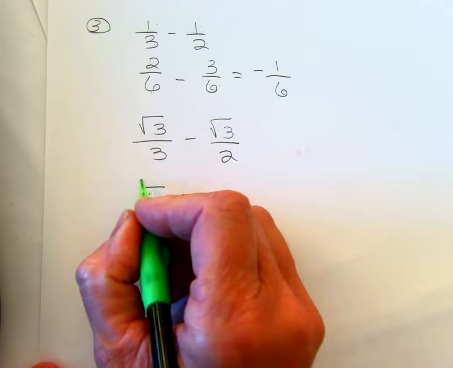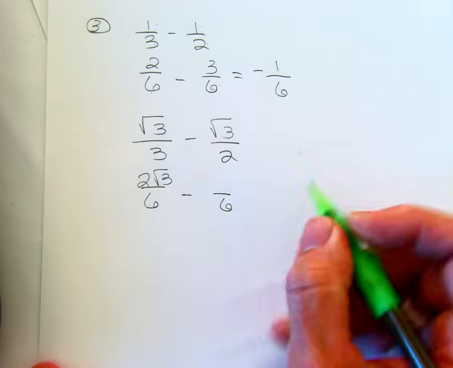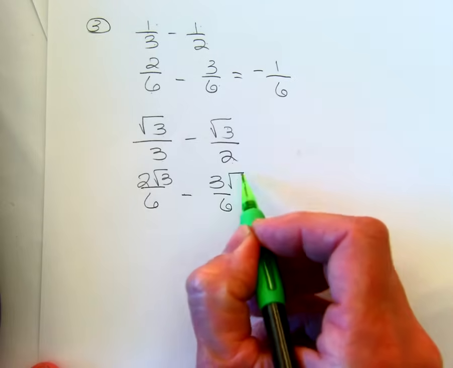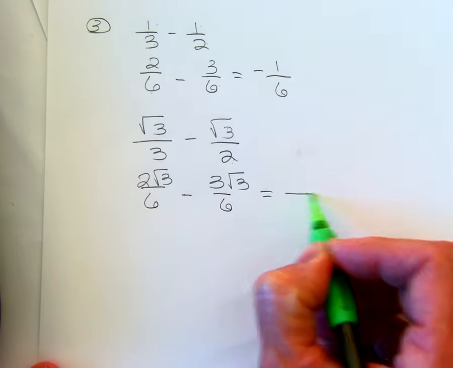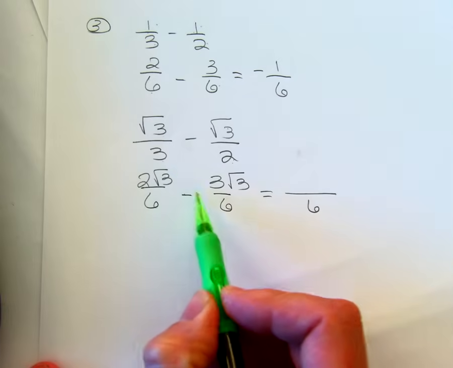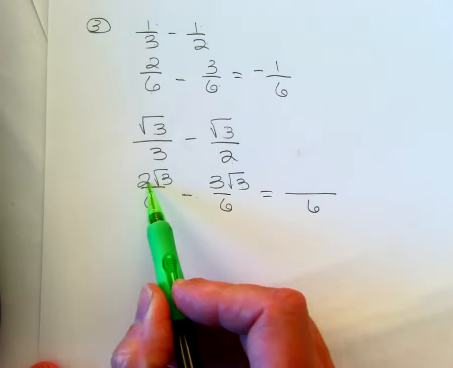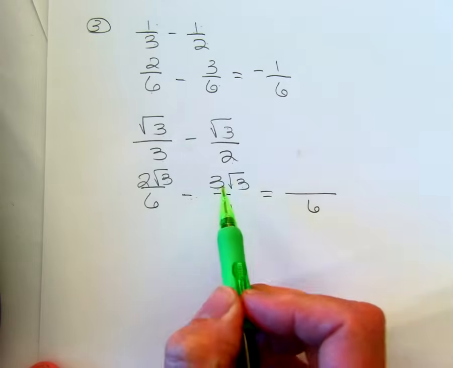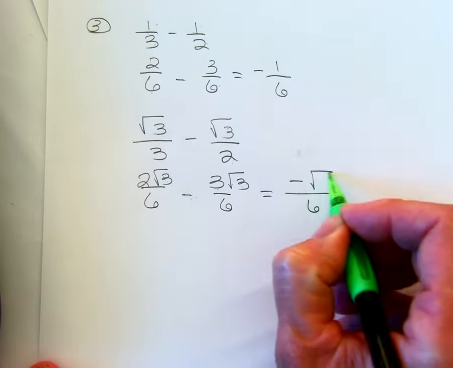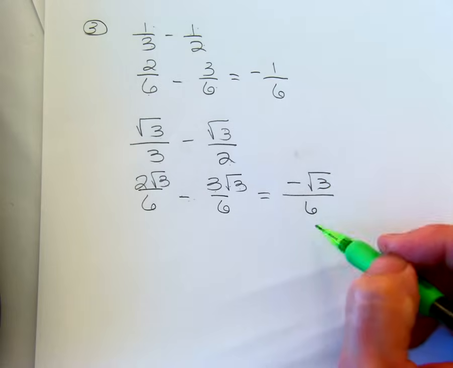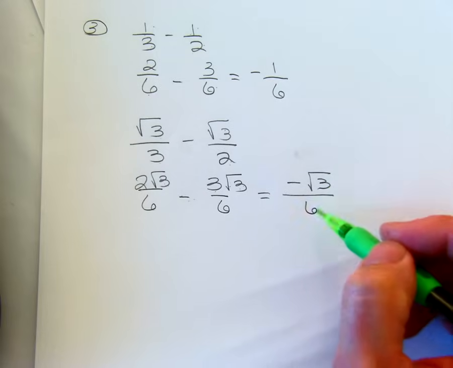So I need to multiply the top by 2. What do I have to multiply this by? 3. So I need to multiply the top by 3. Now my common denominator is 6. This time I can subtract these two because they both have a square root of 3. So 2 minus square root of 3 is negative 1, which you don't need to write, square root of 3. Now remember, you can't reduce that or cancel that because that has a square root on it, and that does not.